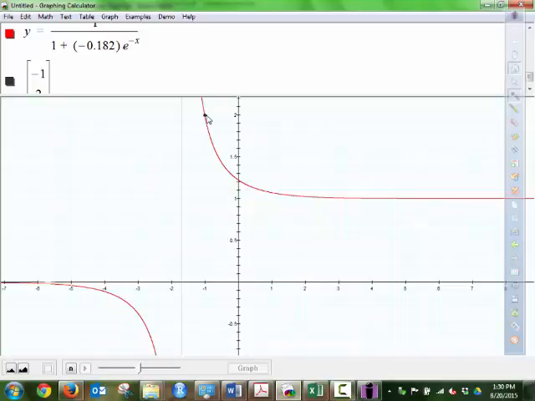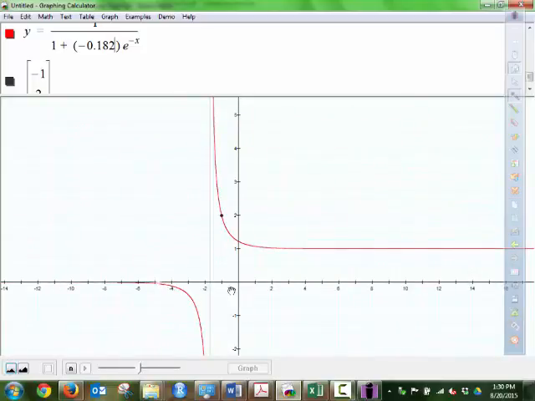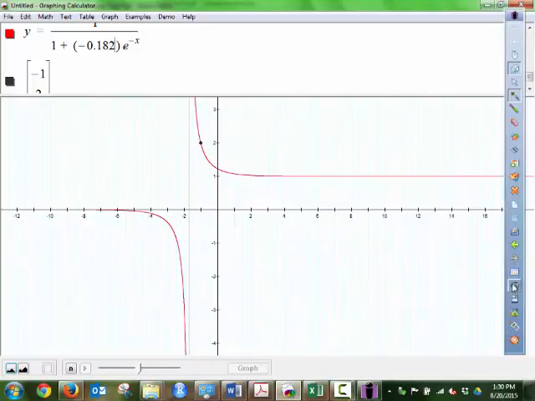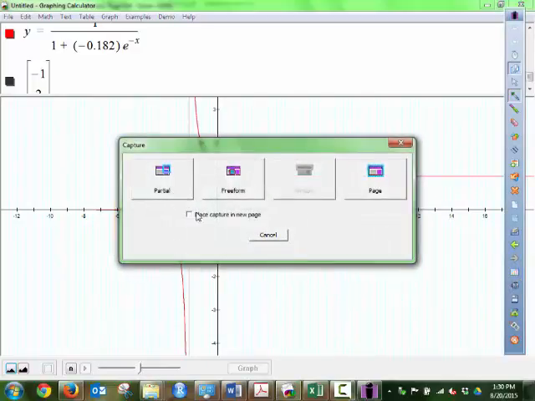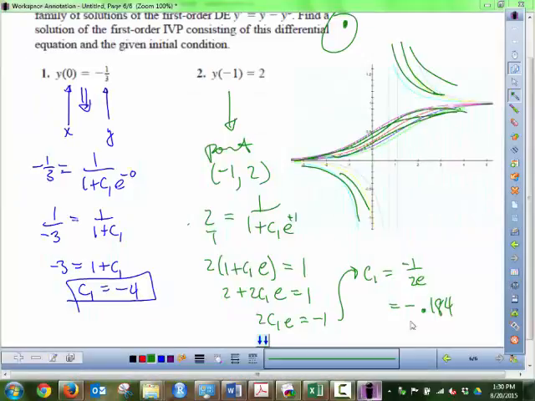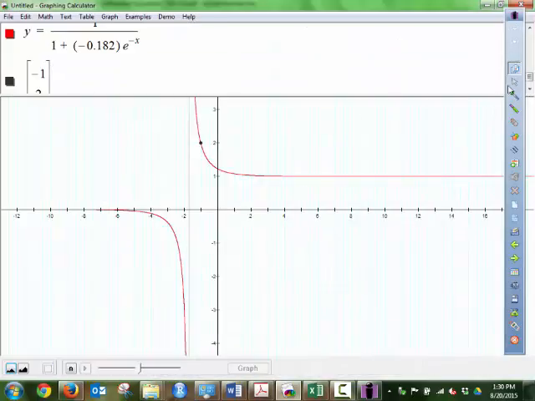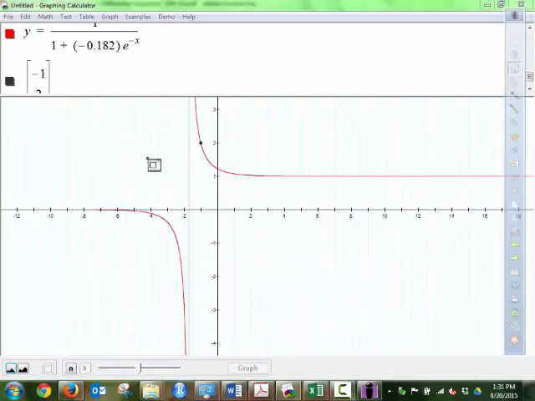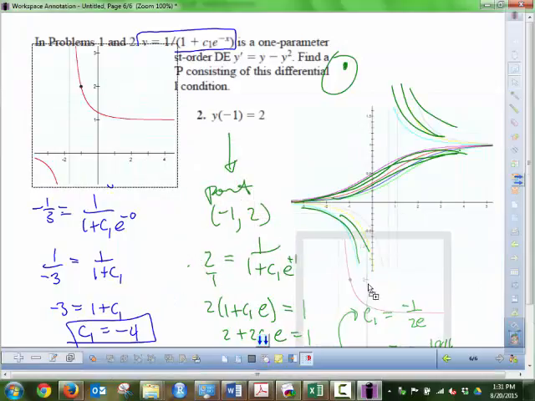So, I should have taken a picture of the other one also, but let's take a picture of this one and discuss what it means. See if I can squeeze it in our busy page here.